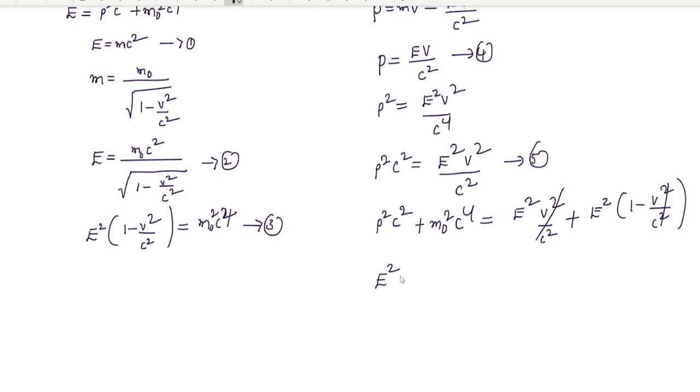So E square equals P square C square plus M naught square C power 4. So this is our relation between relativistic energy and relativistic momentum. This is very, very important.